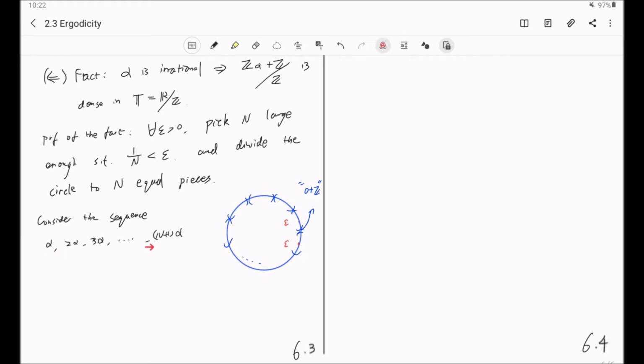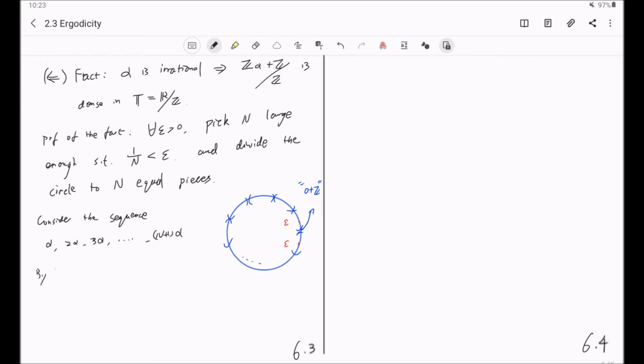Because there are n plus 1 numbers, and there are n intervals, and those numbers all lie on this circle, mod 1, it follows that there are 2 of them that lie on the same arc in those n arcs.